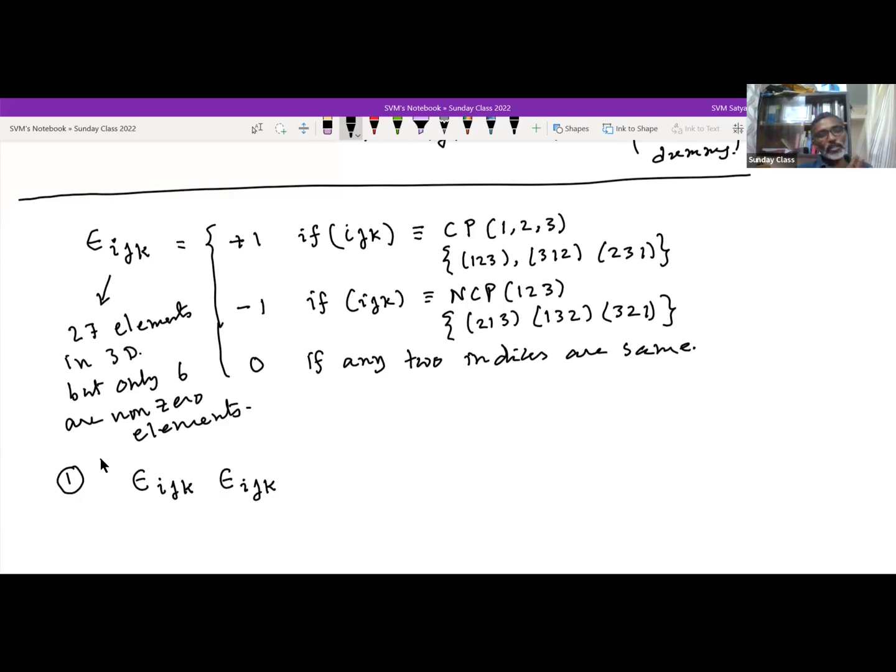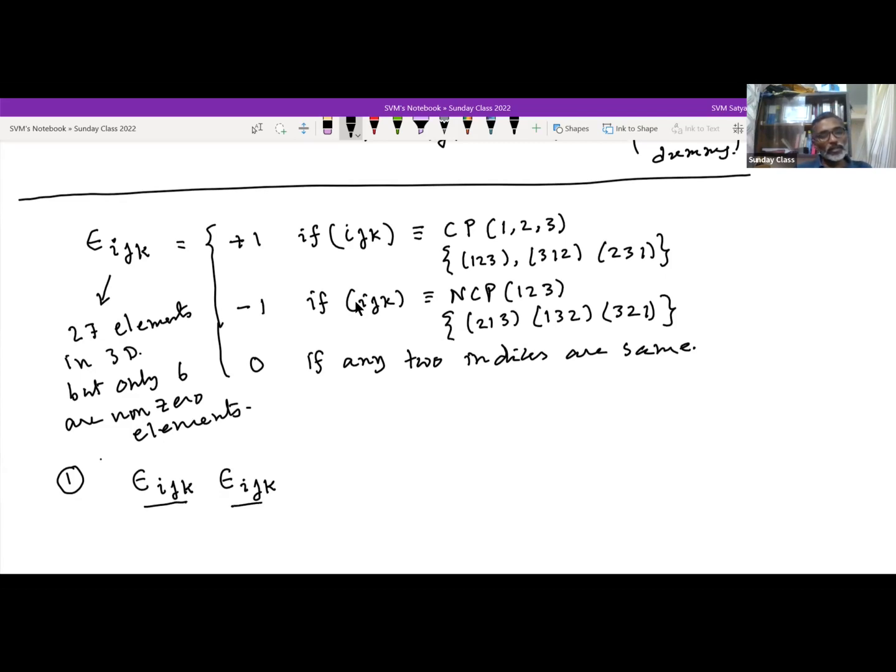Only those 6 non-zero elements are summed over. But whatever the indices are here, the same indices I have to put there. Is that clear? Sir, is it 6? Yes, it should be 6.